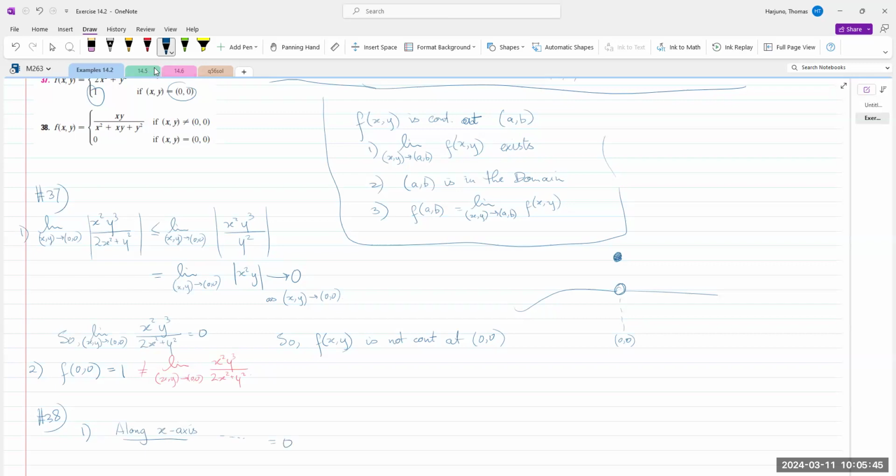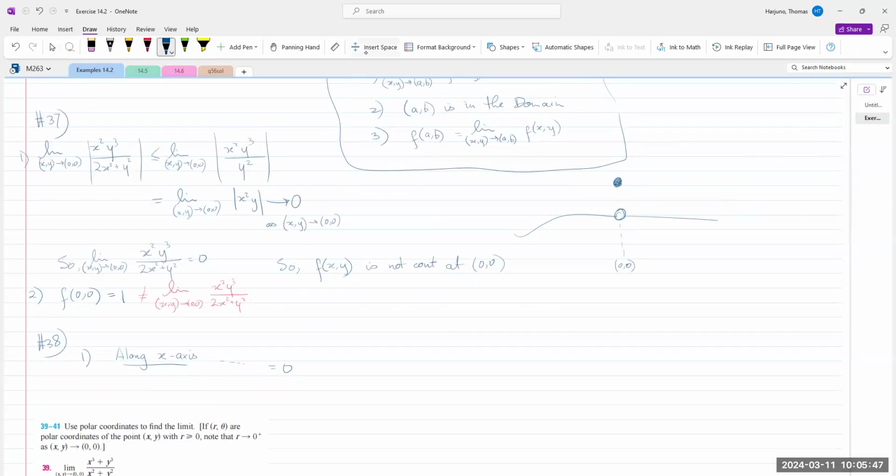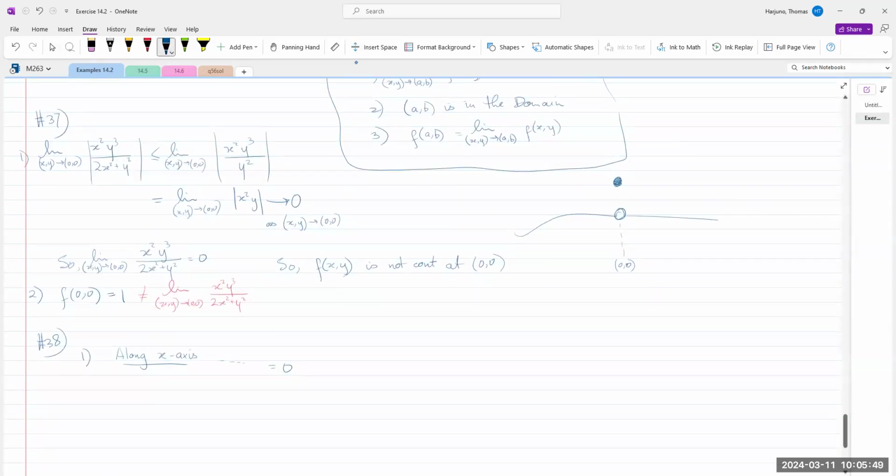Along the y-axis also, but if you go along x equals y, basically using (t,t) as the path going to (0,0), you will see the limit is 1/3.